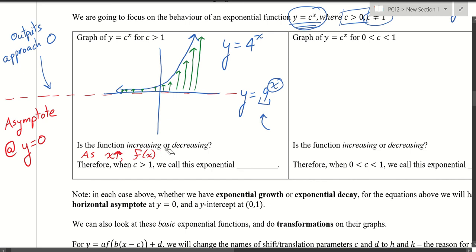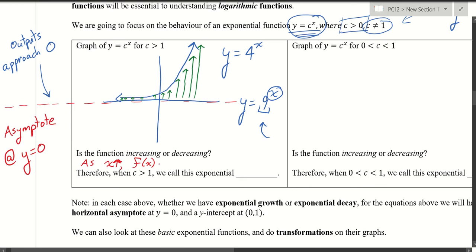Actually, that was very silly of me. Clearly, as our inputs get larger, our outputs are getting larger. So I'll correct that mistake there. Here, as our inputs are getting larger, our outputs are actually getting much larger. So is this function increasing or decreasing? It's increasing. As our inputs increase, our outputs increase as well.